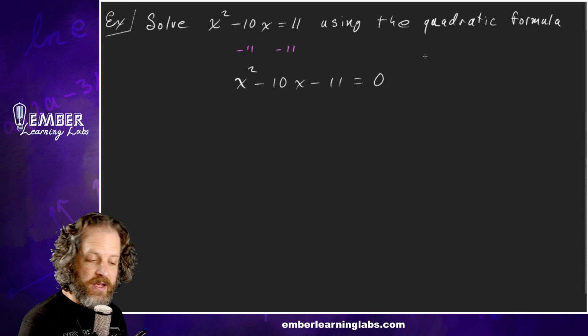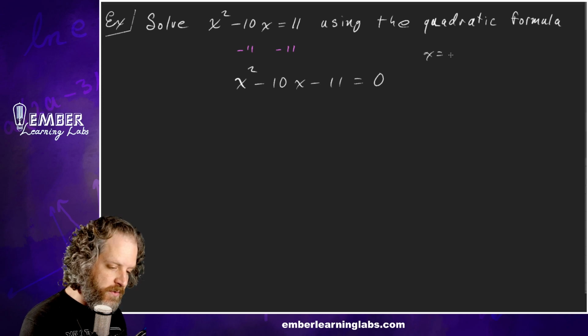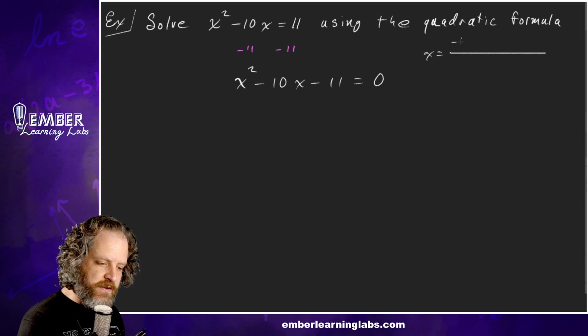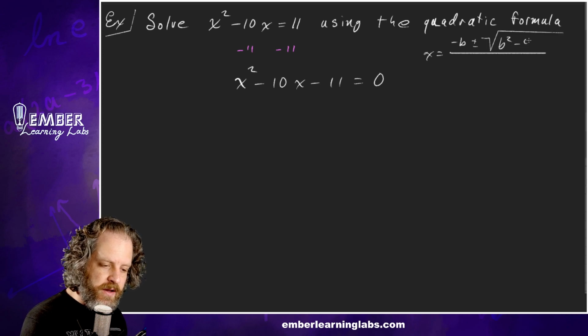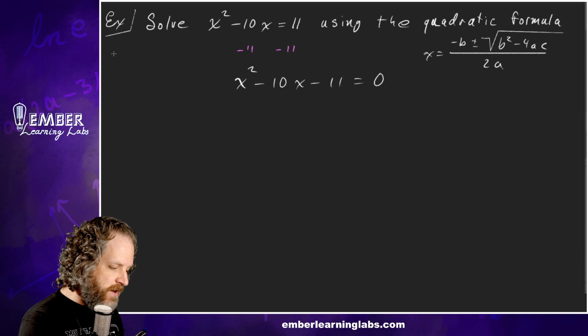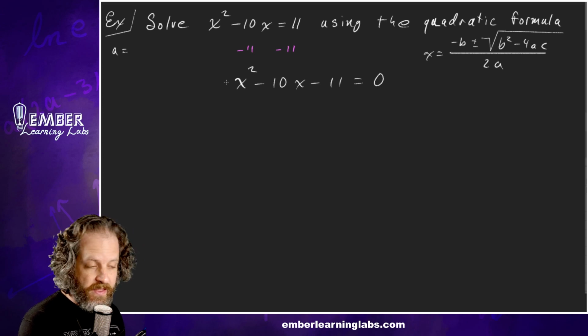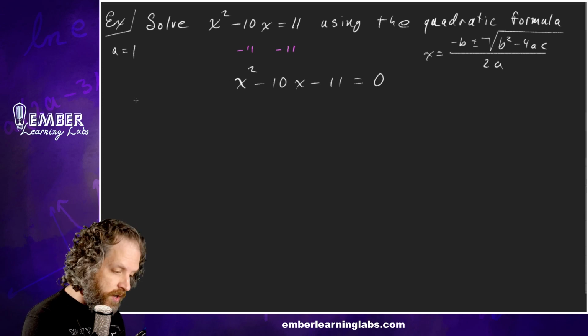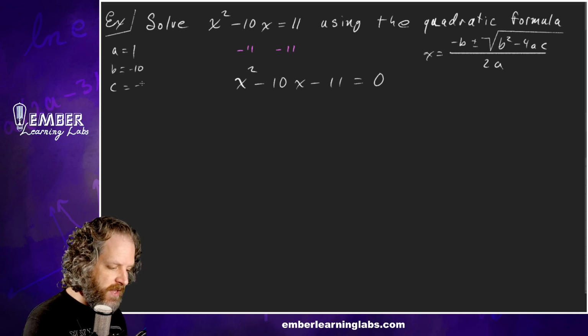The quadratic formula again is x equals the opposite of b plus or minus the square root of b squared minus 4ac, all over 2a. So we need to know what a, b, and c are. A in this case, there's nothing there, and if there's nothing there, then it's a 1. B is negative 10, and c is negative 11.